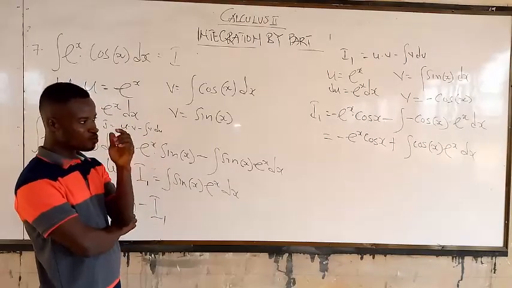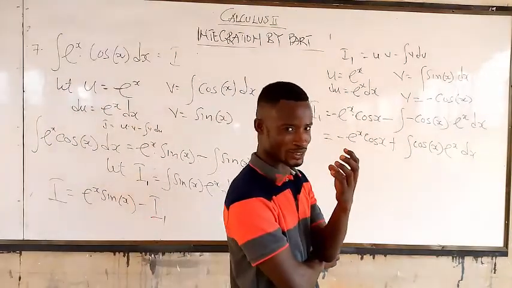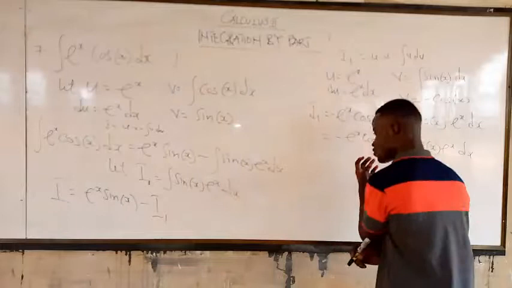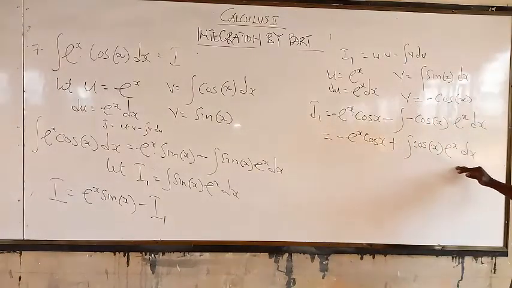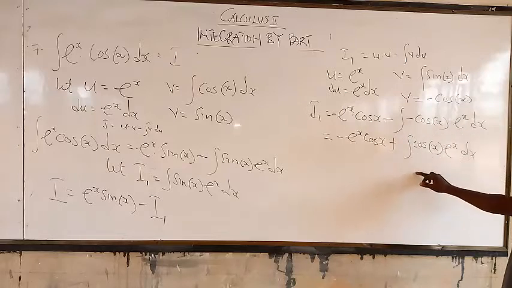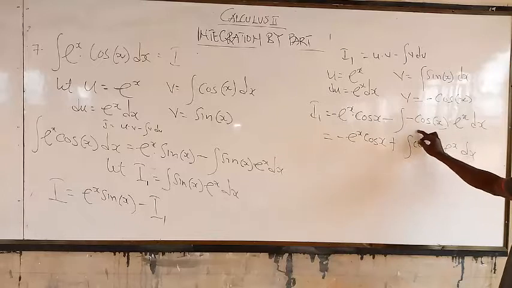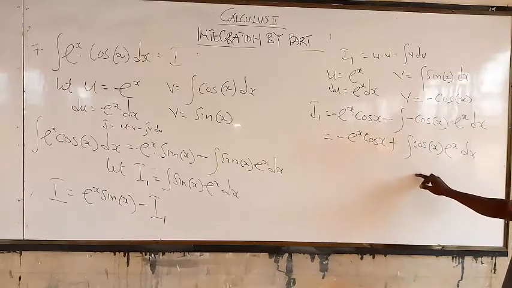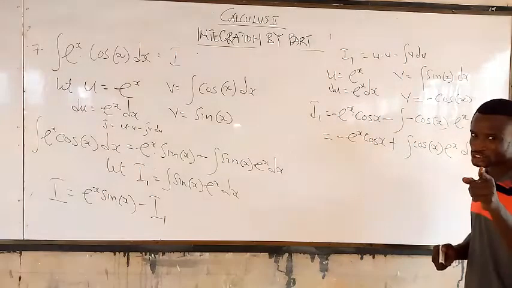There is something beautiful, awesomely happening here. Now, there is a repetition of integration by parts here. I hope you can see that. Here, I want to take my time so that you can catch what I'm catching.